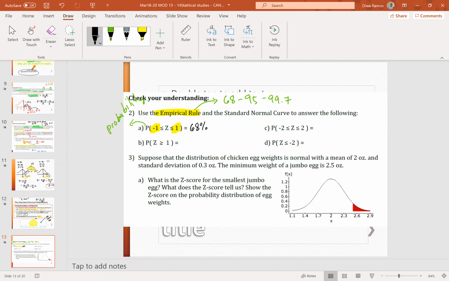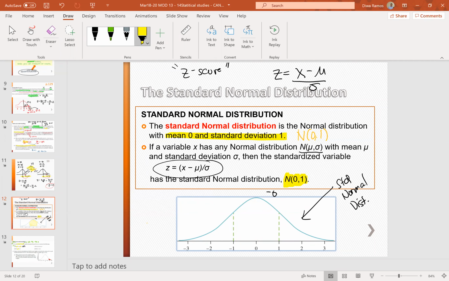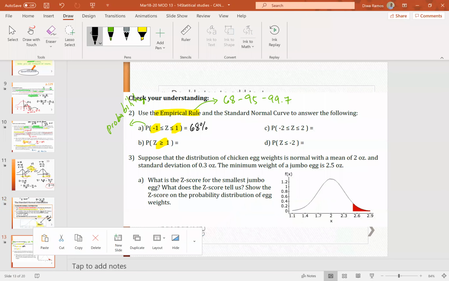So the second problem is z is more than 1. Let's go back here and let me erase this. So we're only looking at this part here. That's more than 1. You say this is P(z > 1), which is this problem here.